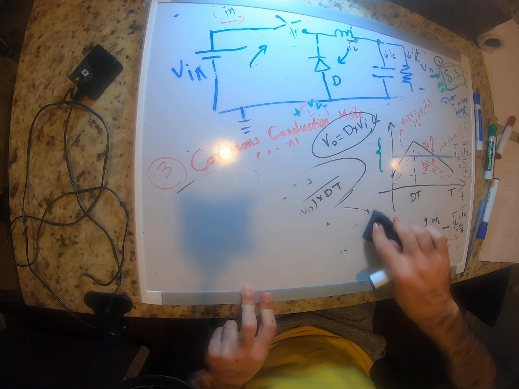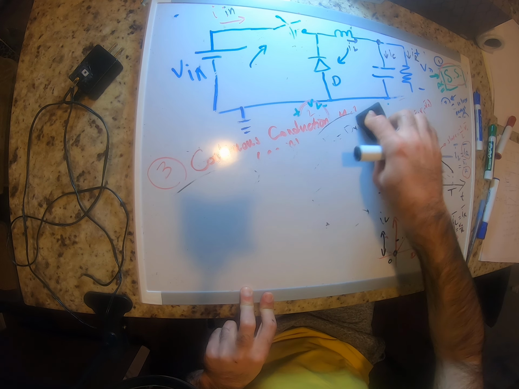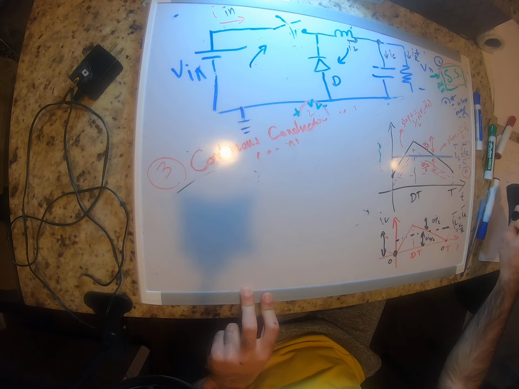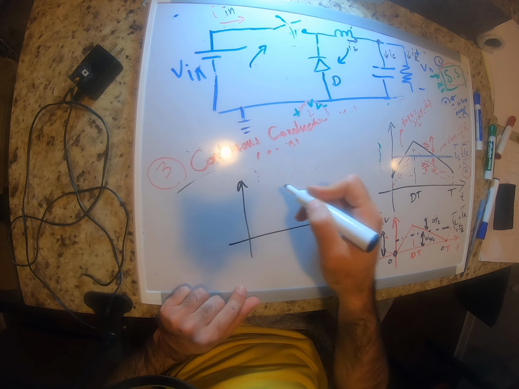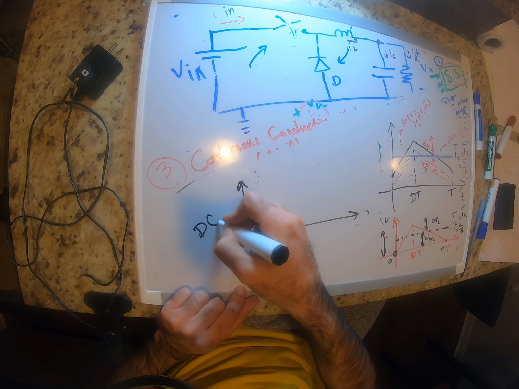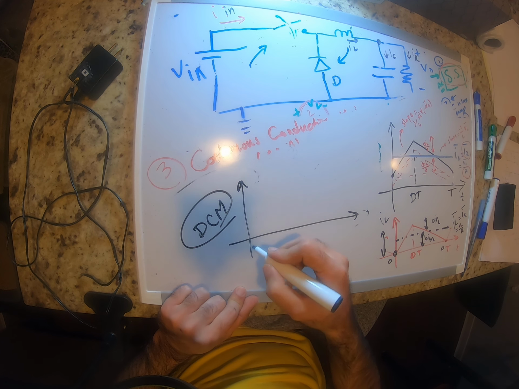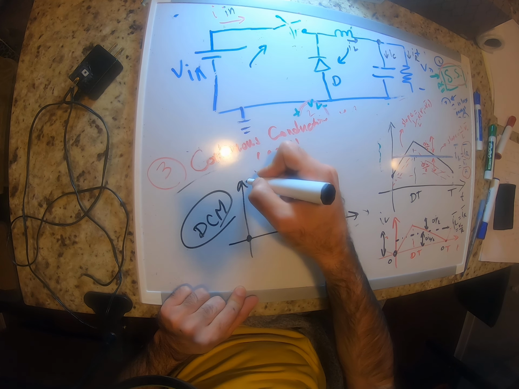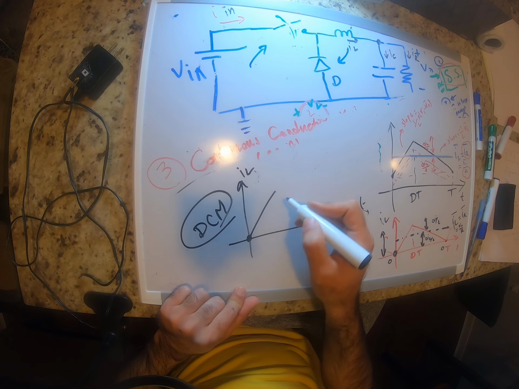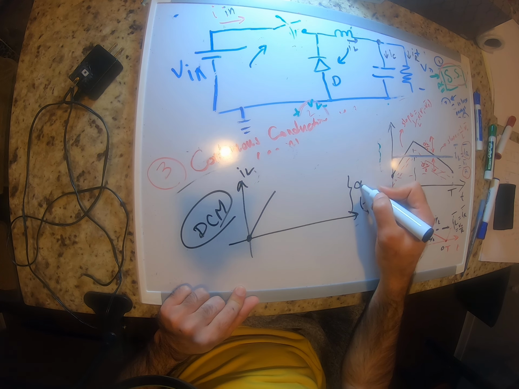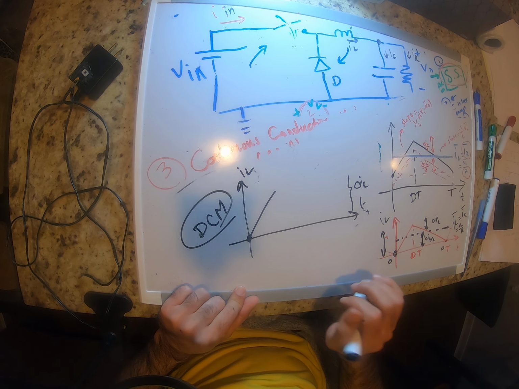Just to show you what happens if you increase R further than that point, it's going to look something like this. If we are in the DCM, our inductor current starts from 0. It goes to delta IL, the same formula that we saw.